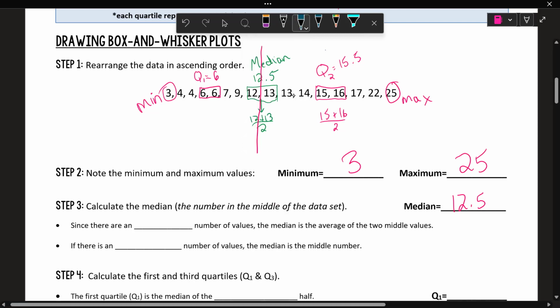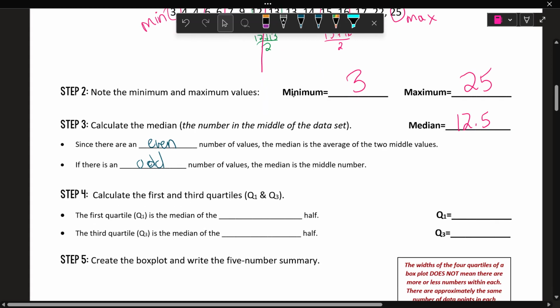Since there are an even number of values, the median is the average of the 2 middle values. If there is an odd number of values, the median is the middle number, which is much easier. Now calculating the first and third quartiles, we just did that.